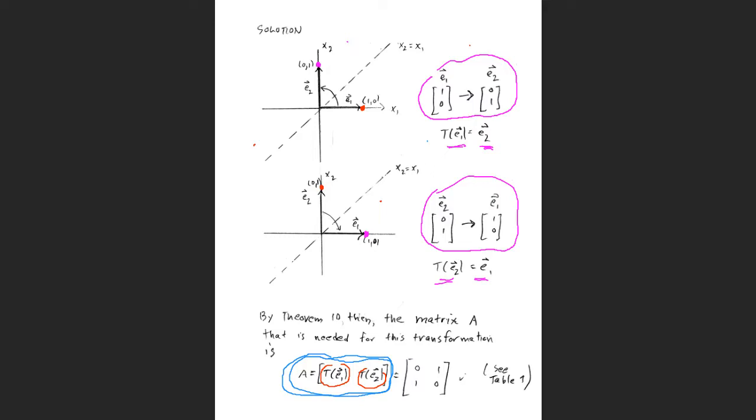By theorem 10, okay, this is maybe not the only way to get the matrix of the transformation, but the easiest way is to go ahead and work with the unit vectors and then construct your matrix of the transformation, the standard matrix for the linear transformation. Just construct it using the 2 transformed vectors.